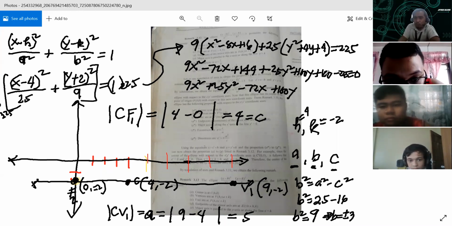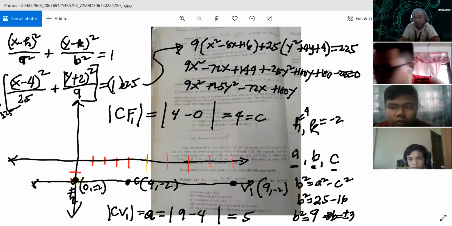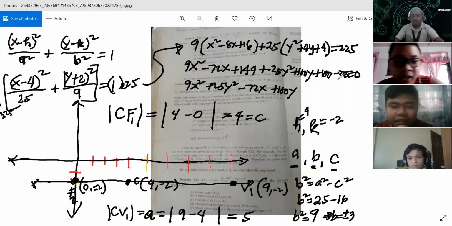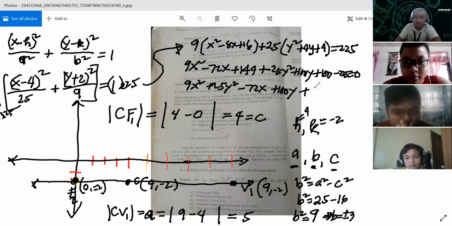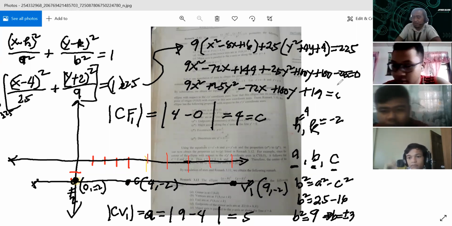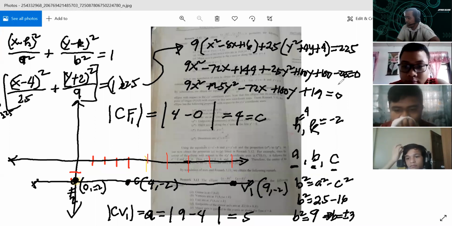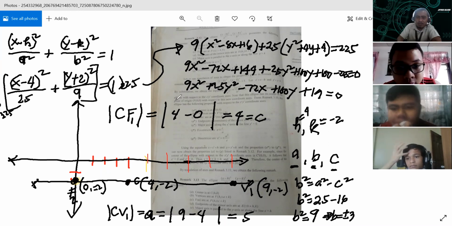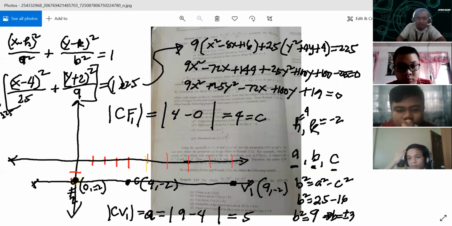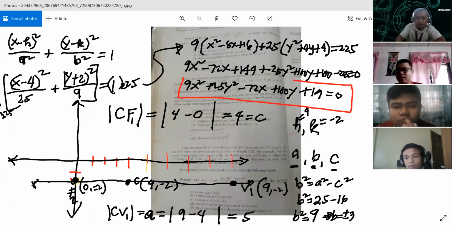This is 244 minus 225. Pila man na? 19. Plus 19 equal to 0. Okay, class? So this is now your final answer. This is now the general form of the equation of your ellipse.